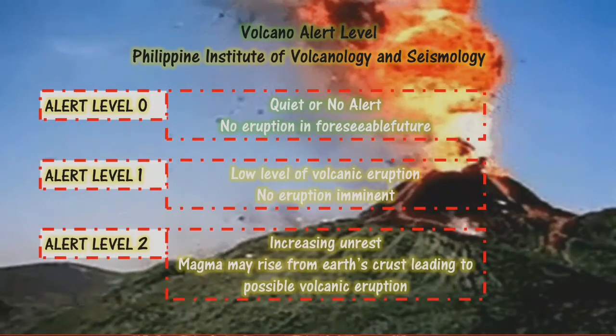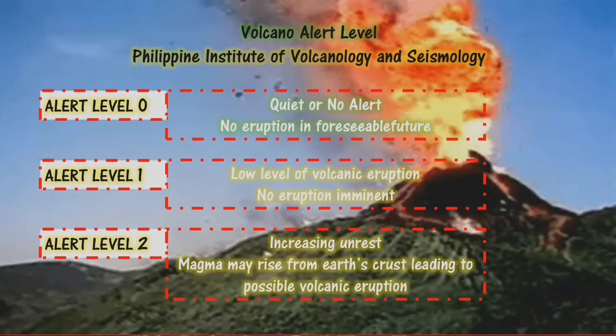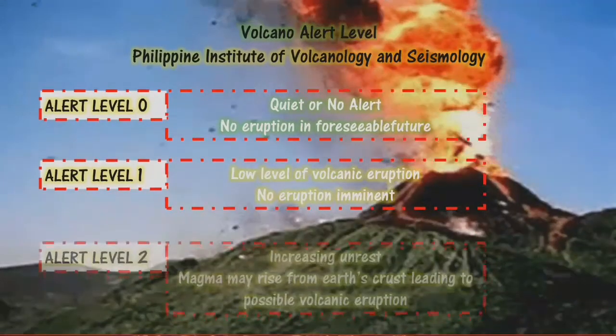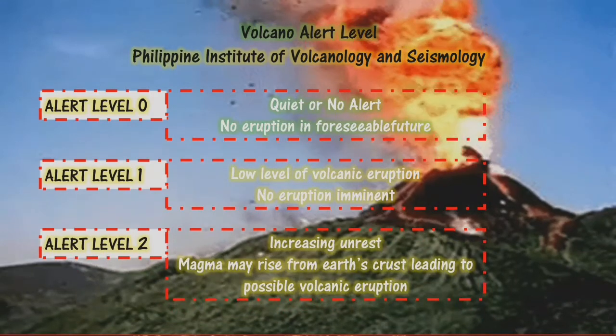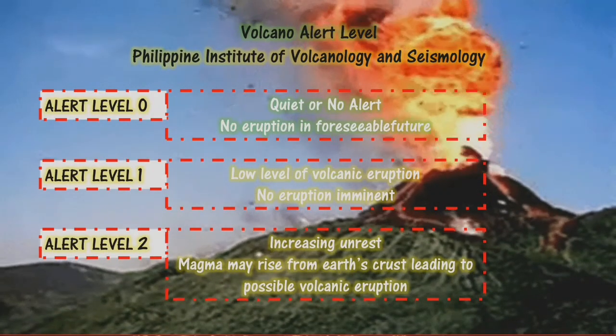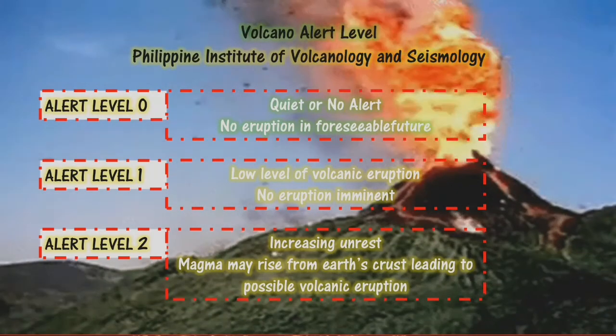Alert level 1, low level of volcanic unrest, meaning no eruption imminent. Alert level 2, increasing unrest. Magma may rise from the Earth's crust, leading to a possible volcanic eruption.